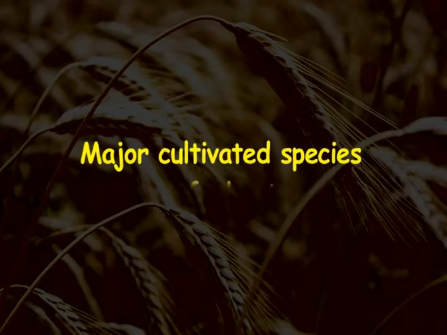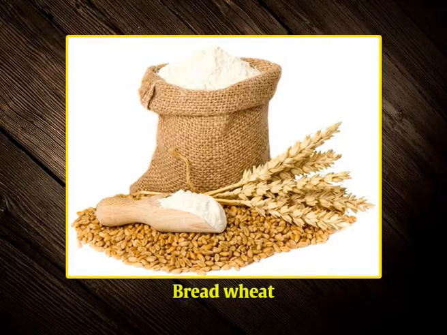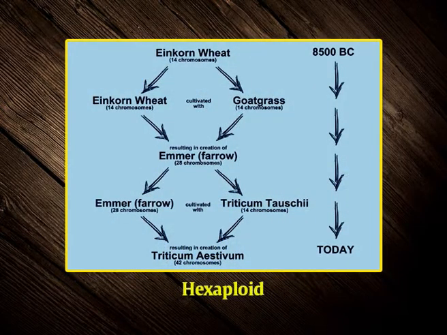Major cultivated species of wheat. Hexaploid species: bread wheat, Triticum aestivum, is a hexaploid species that is the most widely cultivated in the world. Triticum spelta, another hexaploid species, is cultivated in limited quantities.